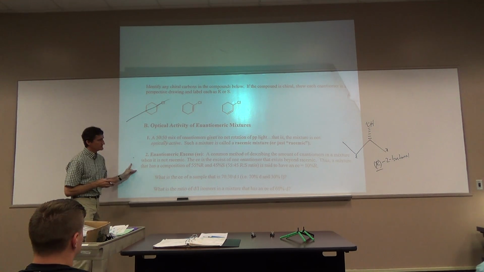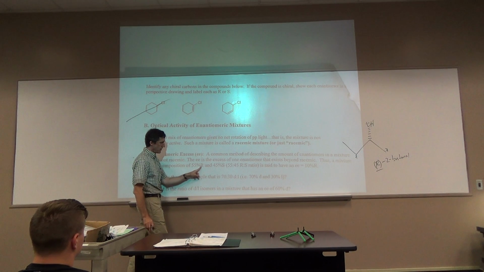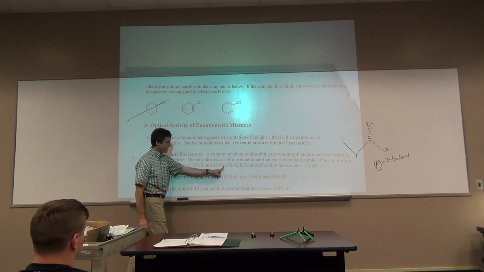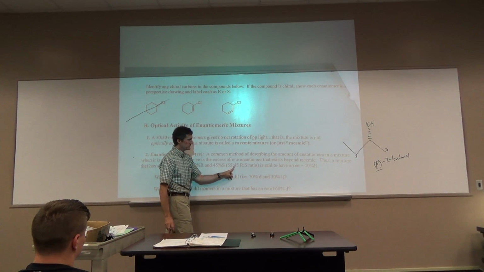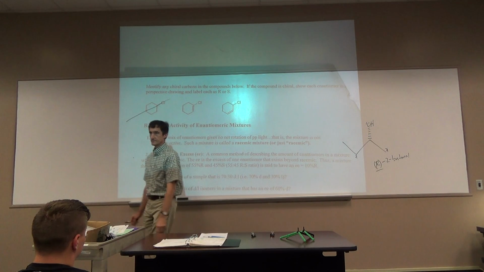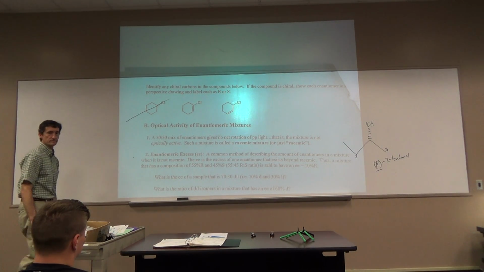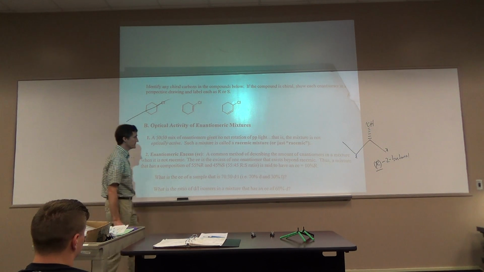Thus, a mixture that has a composition of 55% R enantiomer and 45% S is said to have an EE of 10% R.